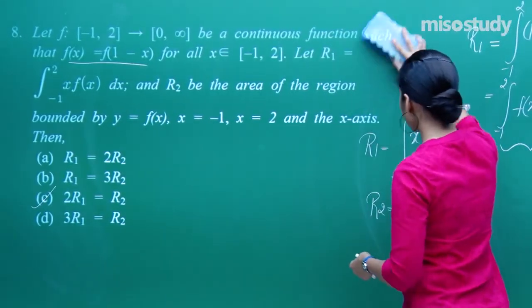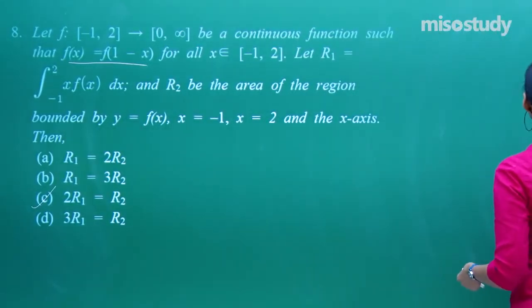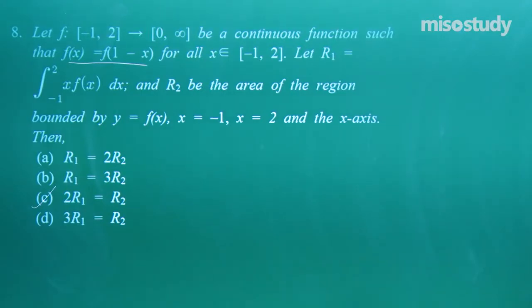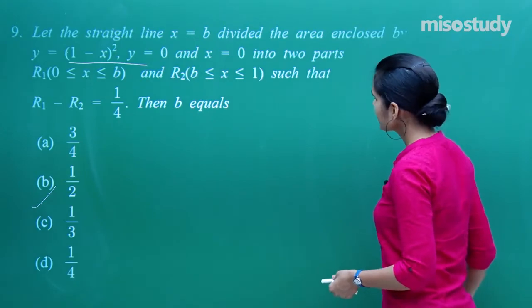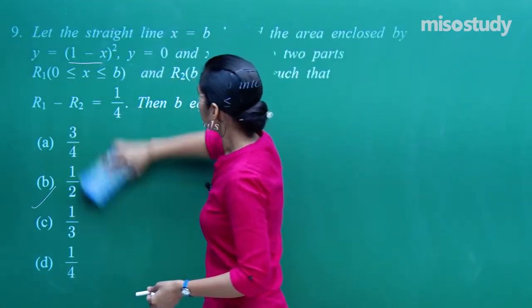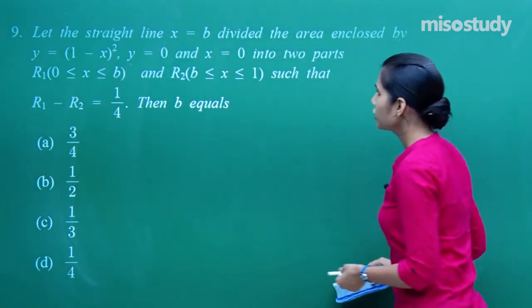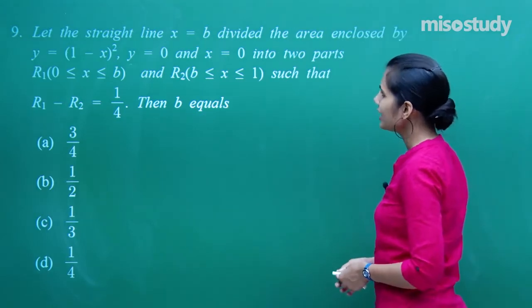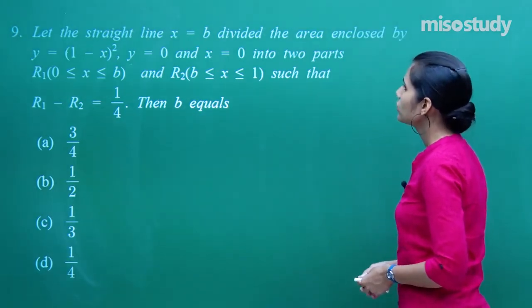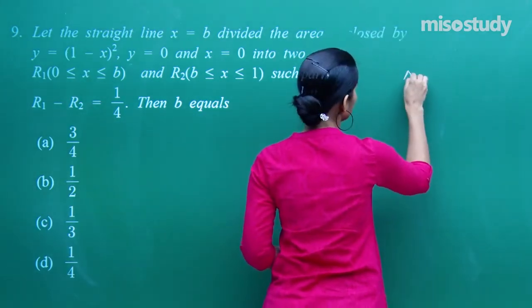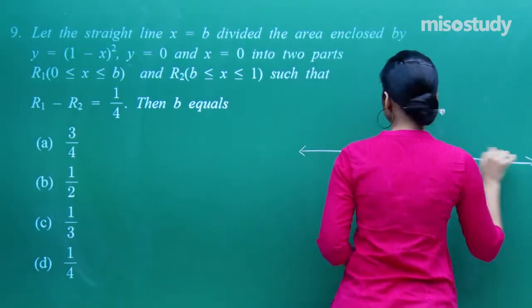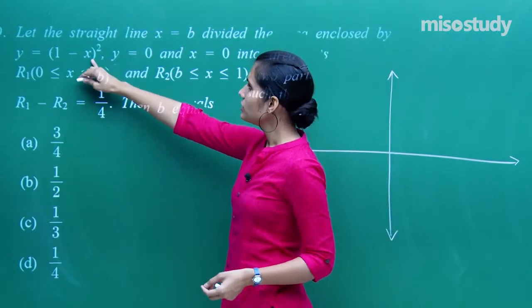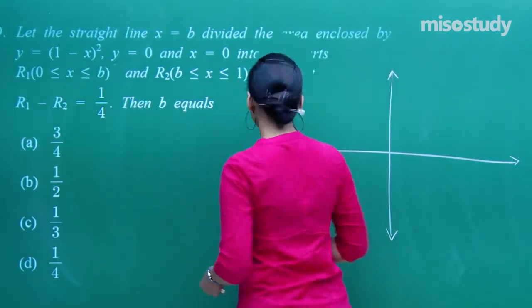Next question is, let the straight line x equals b divide the area enclosed by this curve, y equals 0 and x equals 0 into two parts. When you put x equals 0, you get y equals 1.